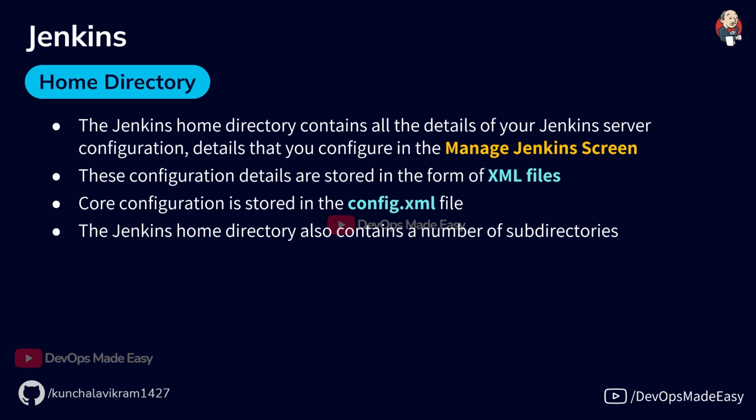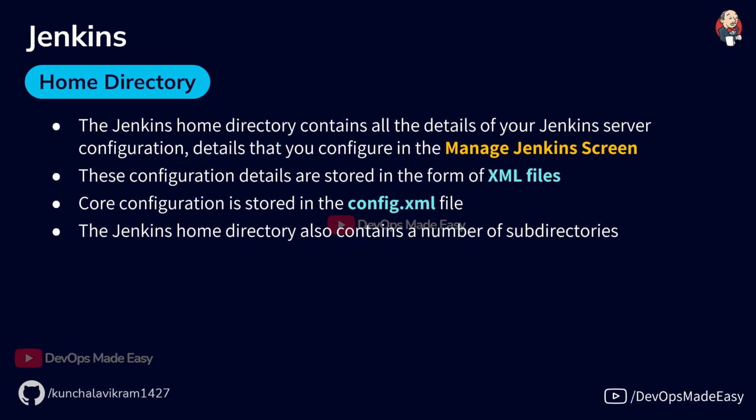And coming to the home directory, what is the Jenkins home directory? If you remember, once we installed Jenkins, it created a Jenkins user whose home directory is set to /var/lib/jenkins. This directory can also be changed using the configuration files, but this home directory contains all the configurations of your Jenkins server and all the details that you have configured in the Manage Jenkins screen.